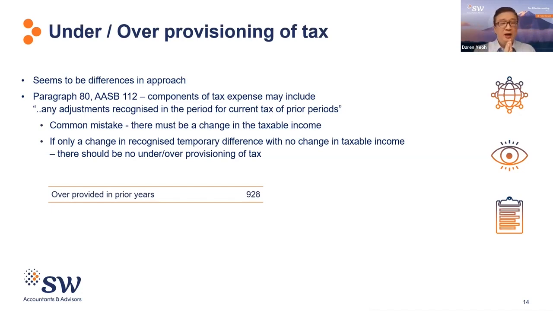If, for example, your taxable income has remained unchanged, however, you chose to restate your deferred tax asset or deferred tax liability balance, that restatement is not an under and over provision because there's no change in taxable income. That restatement simply goes through the deferred tax expense in the current year.